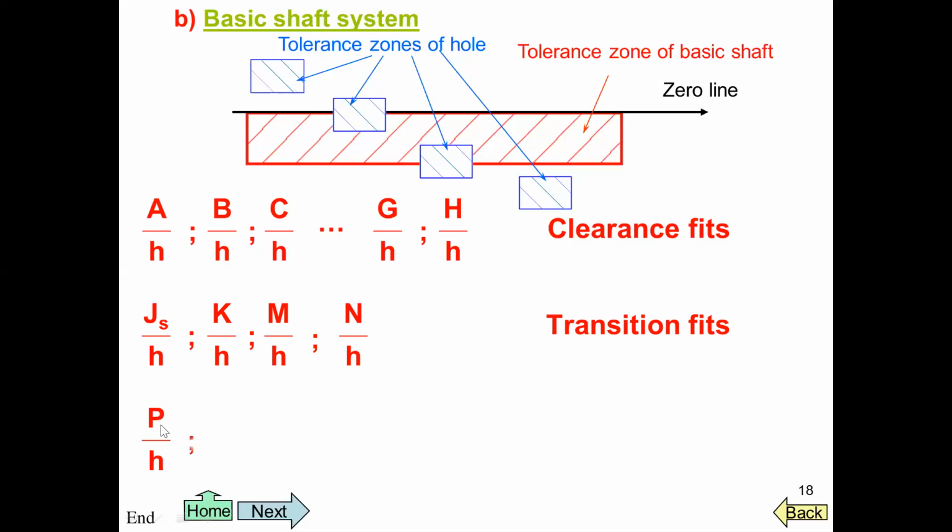And if you want to choose an interference fit, you have to choose the fundamental deviation of the hole from P, R, S, T, U, and so on.